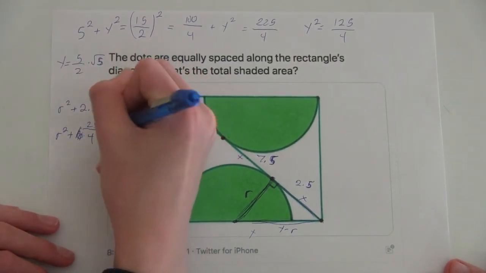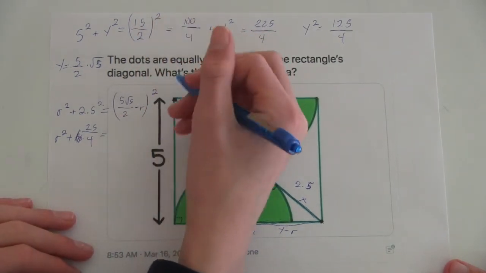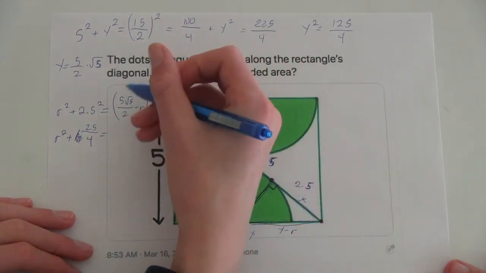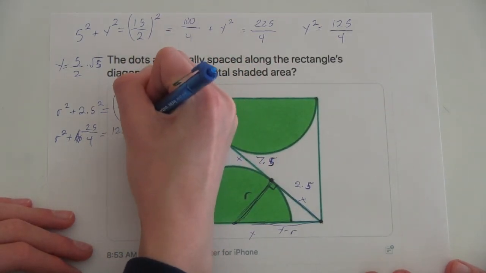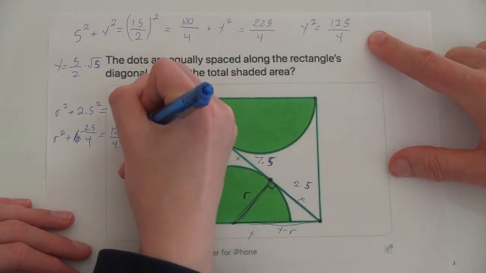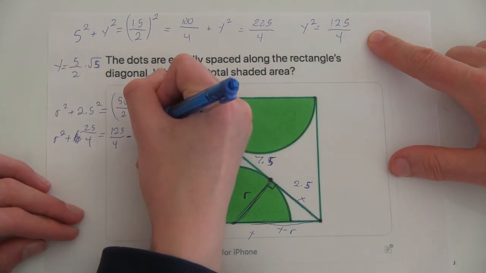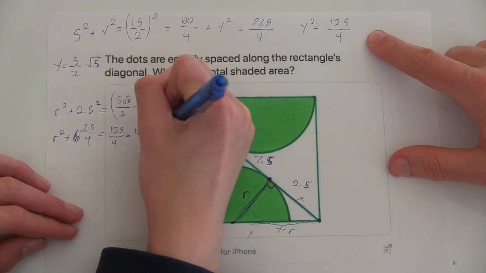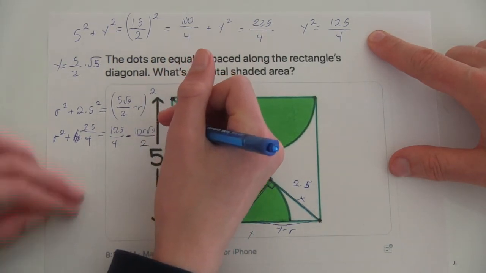And then this equals 5 root 5 over 2 squared, so 125 over 4. We can do that from up here. And then minus 10r root 5 over 2. And then we're going to have a plus r squared.